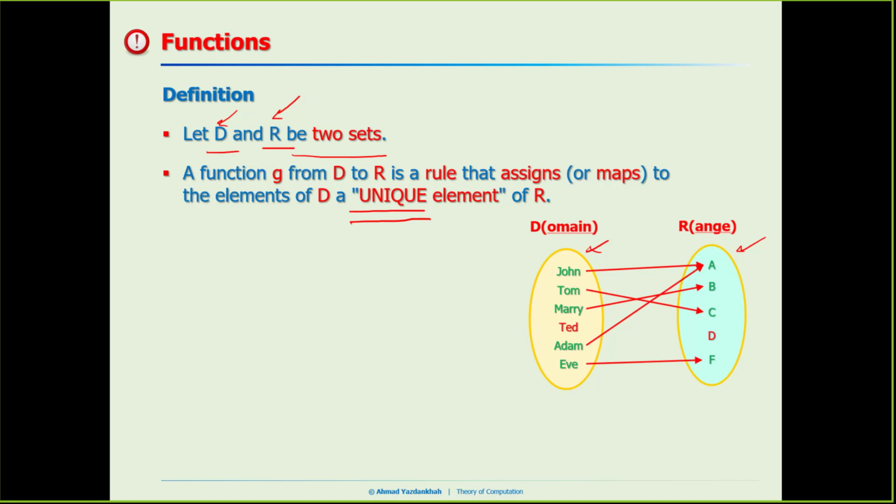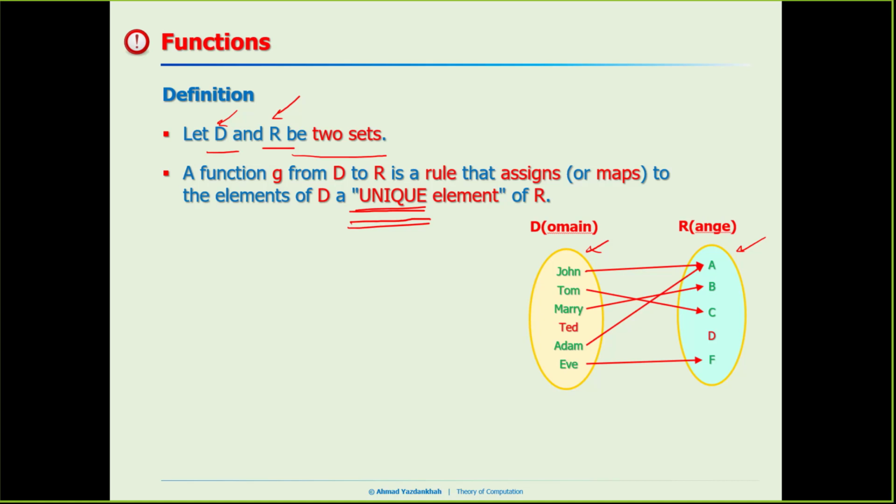For example, if you are mapping John to a letter, this mapping should be unique. You cannot map John to A and at the same time to B, right? This mapping should be unique. That's why I am emphasizing that.